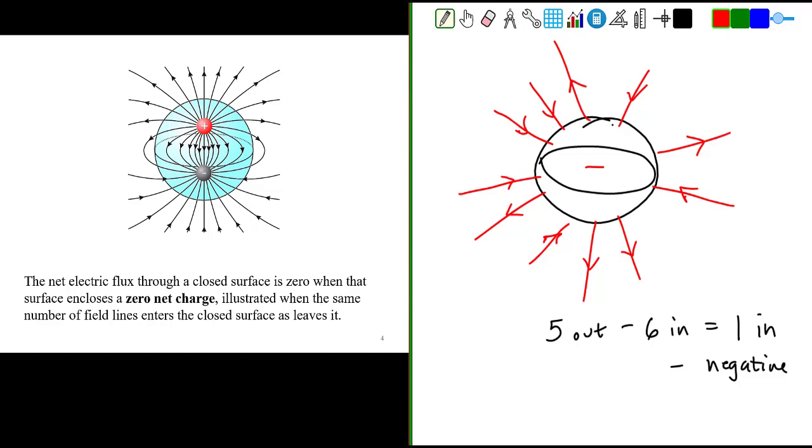So if we just add one more field line going out from the surface, that additional field line means we have 6 field lines going out, 6 field lines going in. So the net field lines is 0, which means either we are enclosing 0 charge or 0 net charge. What that means is we're going to have an equal amount of positive and negative charges enclosed by that volume.